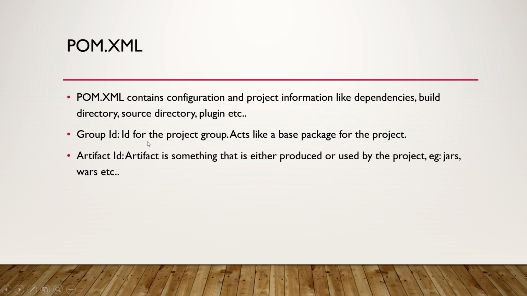You will understand what the group ID and the artifact ID are once you set up the project and start coding. Artifact ID: an artifact is something that is either produced or used by the project, for example jars or wars. There are many artifacts actually. So we use a particular artifact to create the Spring MVC project.